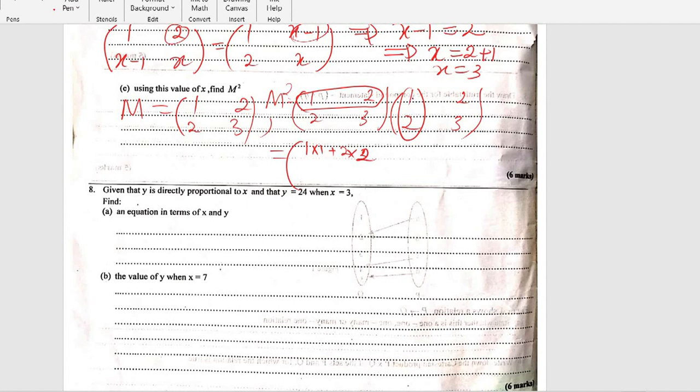This same row again multiplies here. It will be 1 times 2 plus 2 times 3. Likewise here, 2 times 1 plus 3 times 2. 2 times 2 plus 3 times 3.